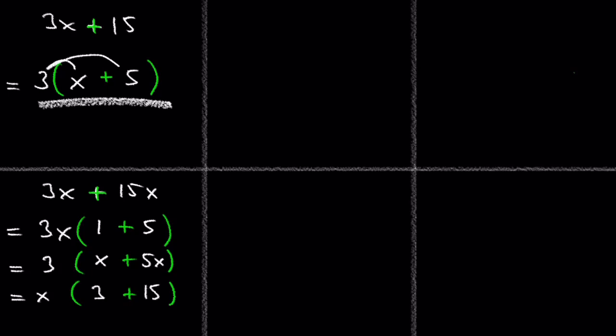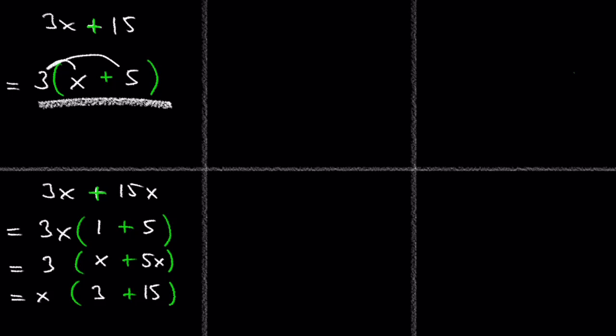Let's check if these are exactly the same as 3x plus 15x. 3 times x is 3x and 3 times 5x is 15x. X times 3 is 3x and x times 15 is 15x. We see in this example that we can factor out the 3x or just the 3 or the x.